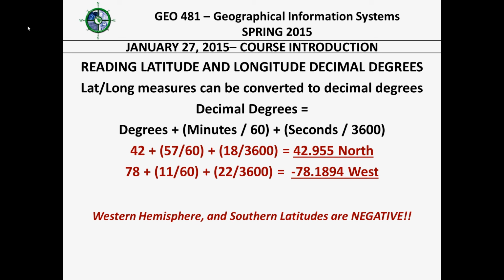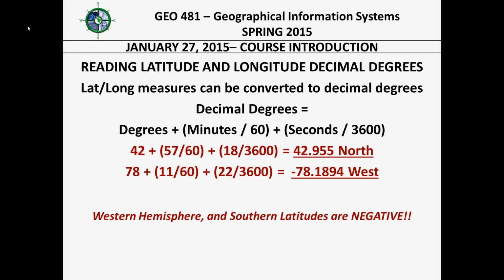So we have, as we talked about on January 27th, decimal degrees. So instead of saying 42 degrees, 30 minutes, you would say 42.5. So here is the formula, and every single test one I've ever given has had this on it. So this certainly will be on the test with easier numbers than that.